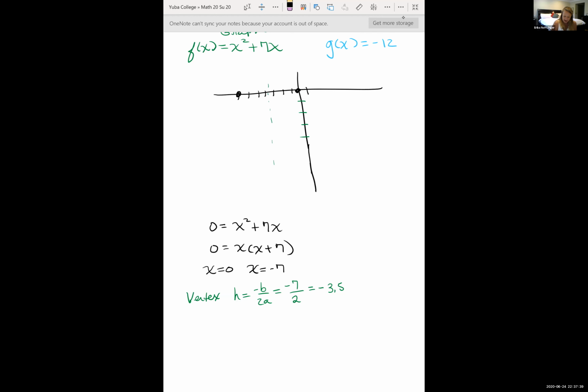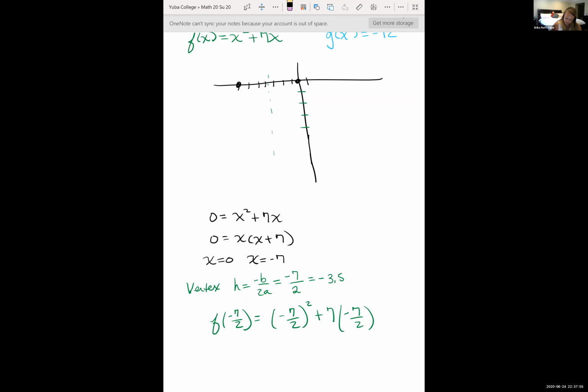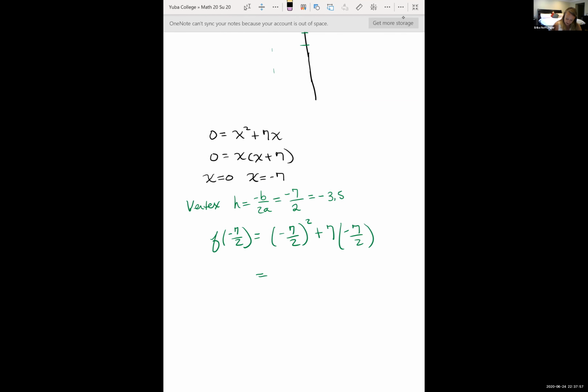And I need to find my k value, so I need to plug that in for f of x. So f of -7/2 is -7/2 quantity squared plus 7 times -7/2. So this is 49/4 minus 49/2.